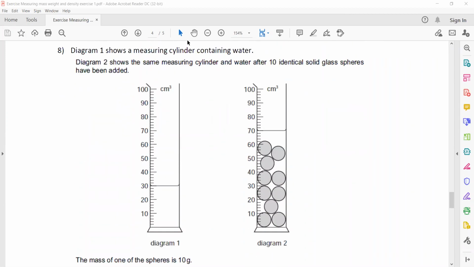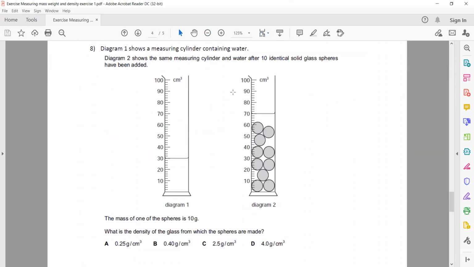In question 8, diagram 1 shows a measuring cylinder containing water. That's 30. Diagram 2 shows the same measuring cylinder with 10 identical glass spheres, and that is 70. The mass of one sphere is 10. What is the density?